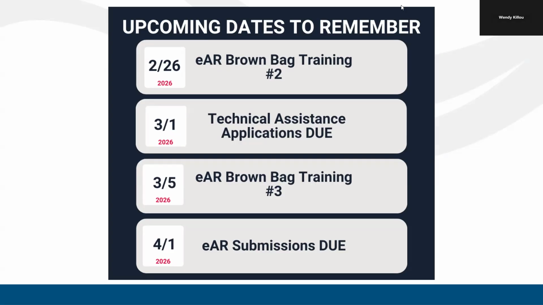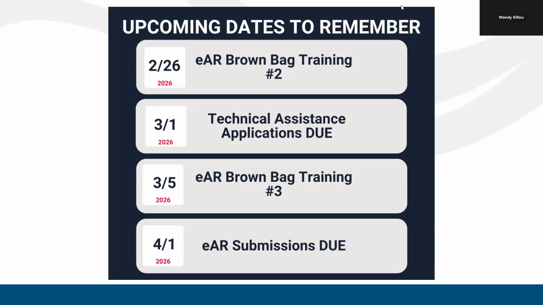Again, another reminder, technical assistance applications are due March 1st if you are looking at getting third-party assistance. And we're having our third brown bag training on March 5th, and that will go over sections 9 through the end section of finalizing your eAR.